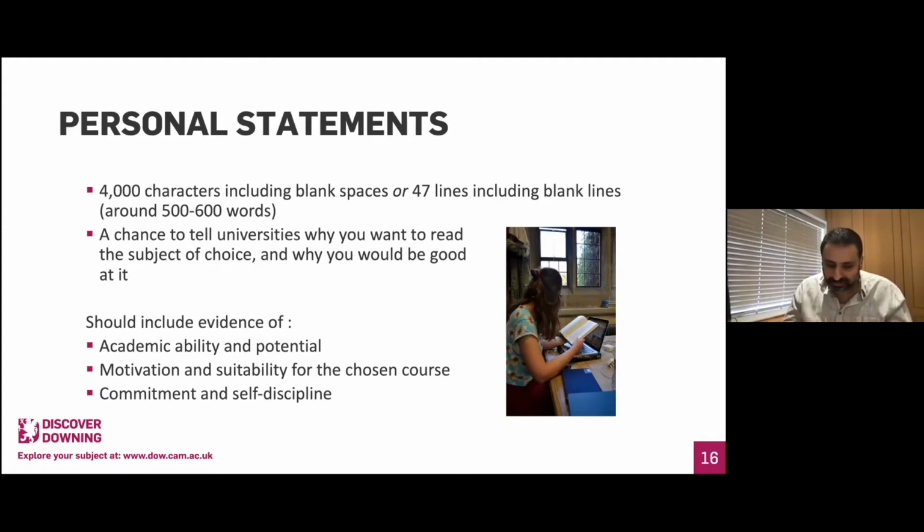Now, talking about personal statements, one other thing that you would probably want to think about is that you may be applying to other universities which don't offer history of art as a subject of choice. So your personal statement needs to be generic, so that it could be applicable to all the other universities you're applying to.